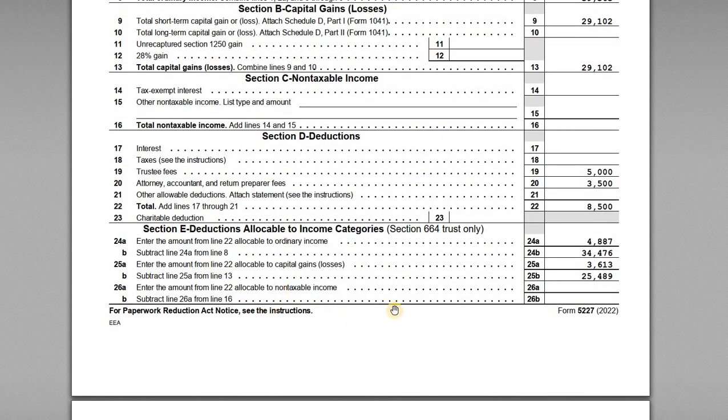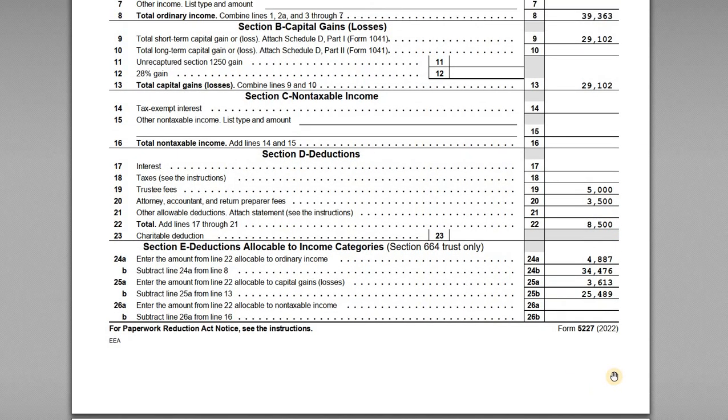Now, getting into Section E, allocating deductions. This is important because we are able to claim the deductions, and so the net amounts are going to be what's allocated out to the income beneficiaries. So how do we allocate our $8,500 to all these income types? It's done on a pro rata basis.